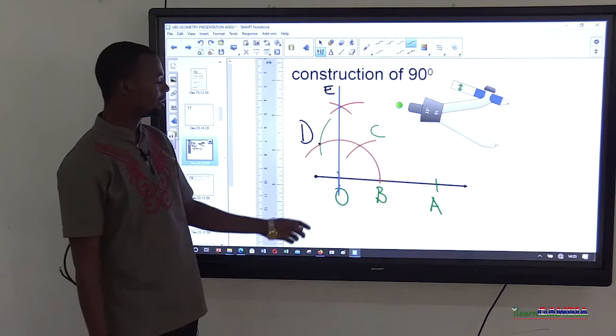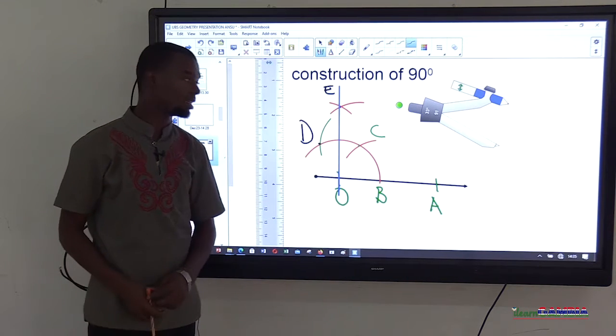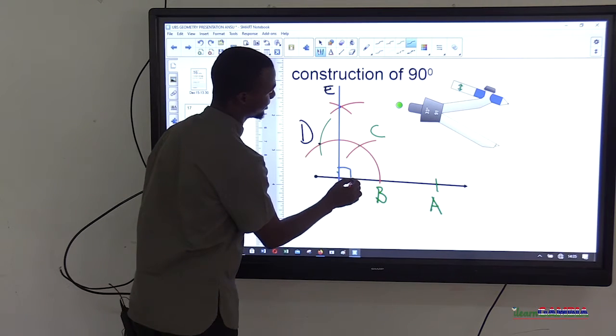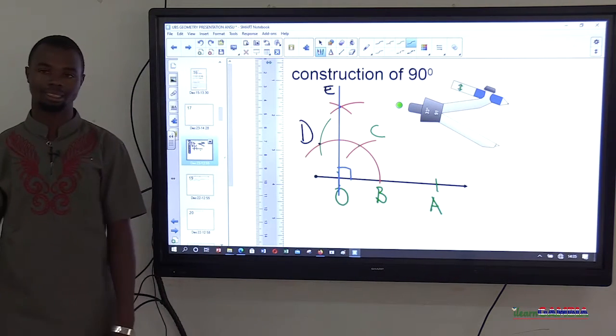The blue line is the line OE, and that is the 90 degrees. So this is the way we construct 90 degrees.